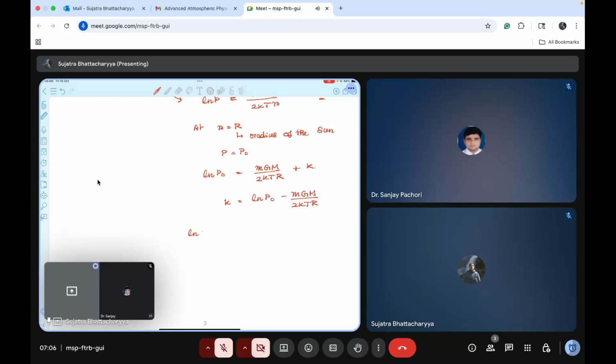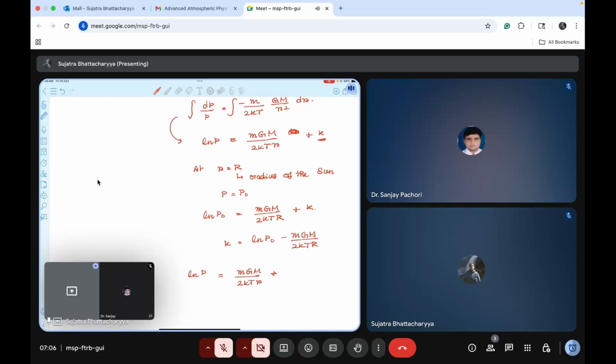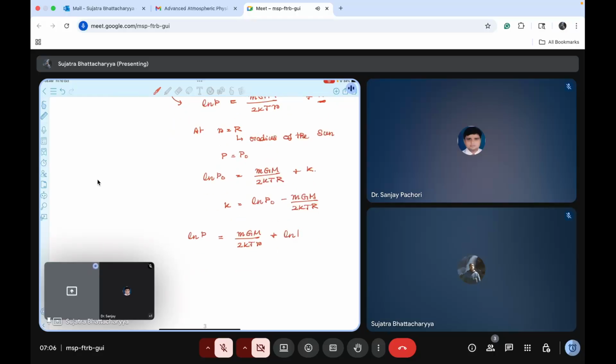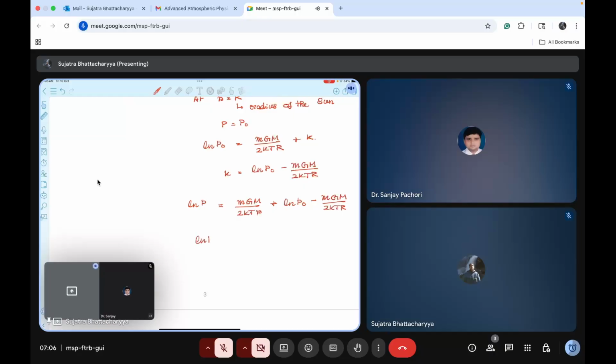So log of p is equal to mgM divided by 2kT r plus k. This k I will write here: log p naught minus mgM divided by 2kT. So log p minus log p naught, step by step.